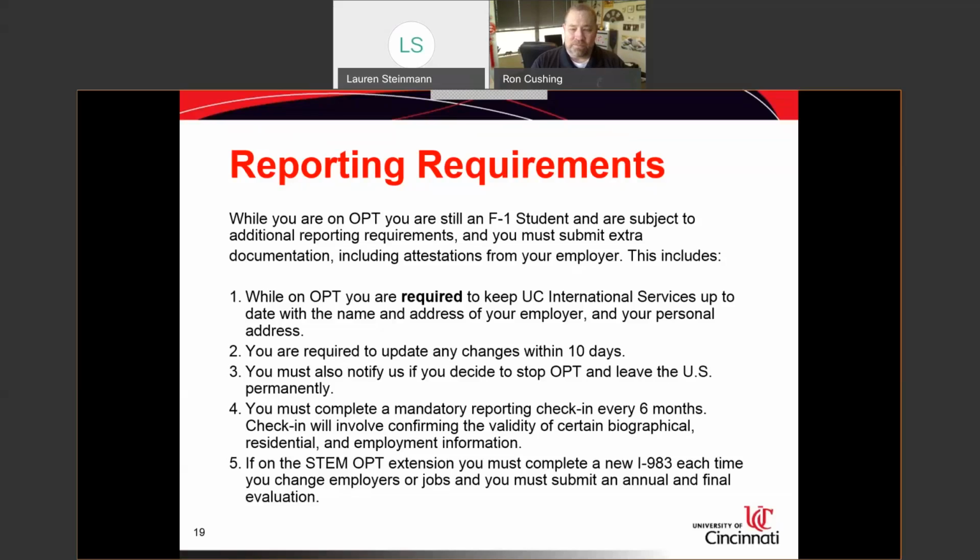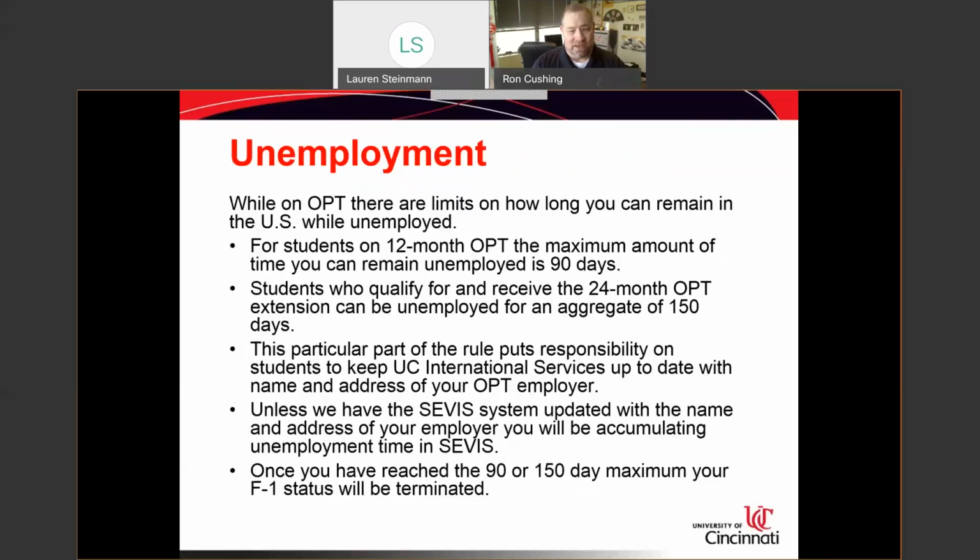When you apply for the STEM OPT extension, one of the things you will have to submit is this training plan that says who you are working for and what goals you hope to accomplish during your OPT period. If you ever change employers, a new I-983 has to be submitted for the new employer, and the old employer has to write a final evaluation for you, and you have to submit it to us so we can update the system.